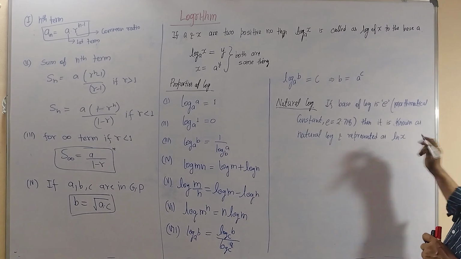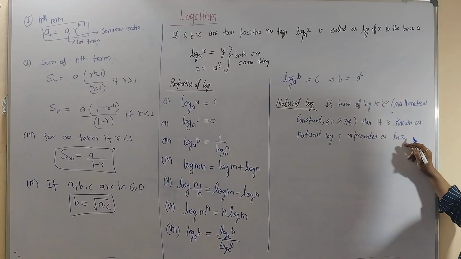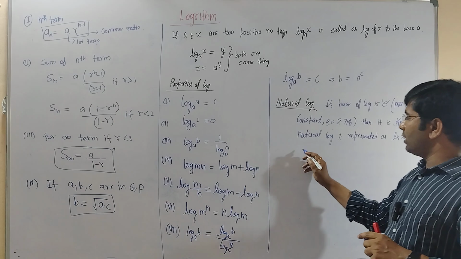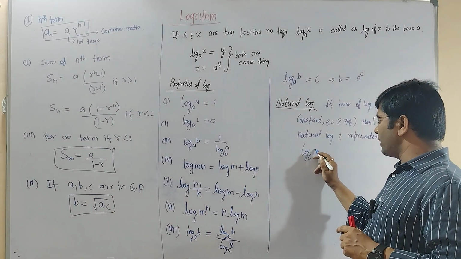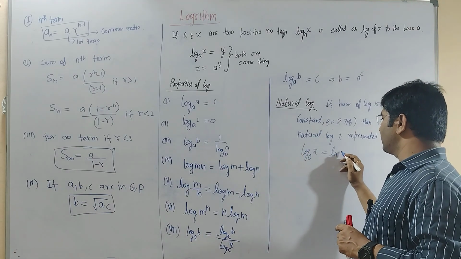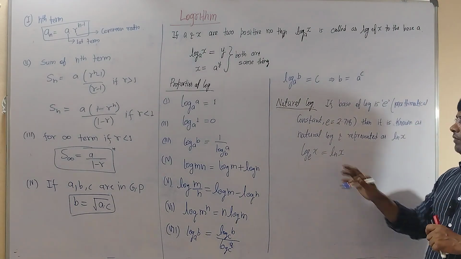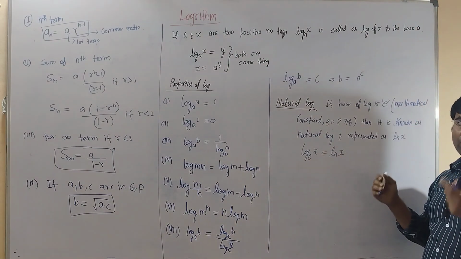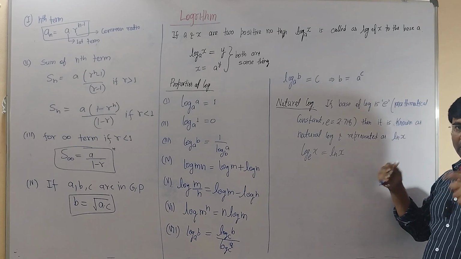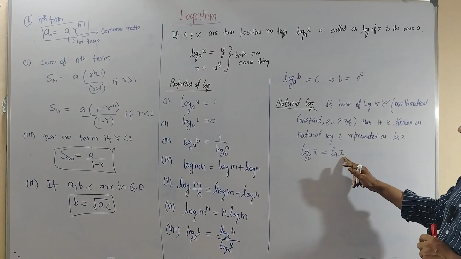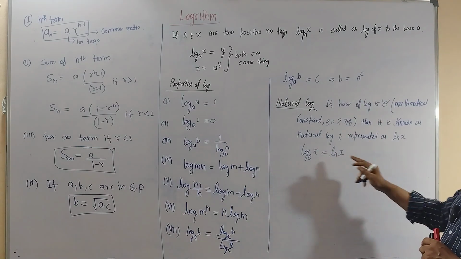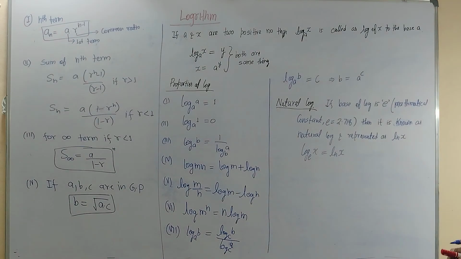So we will call it log of x with natural base, or log of x with base e, we can say. So log base e x is a shortcut written as ln x. So ln x means base e by default. If there is log x, we are in doubt whether base 10 or base e or whatever is the base. But if ln x is written, it will be only and only base e.